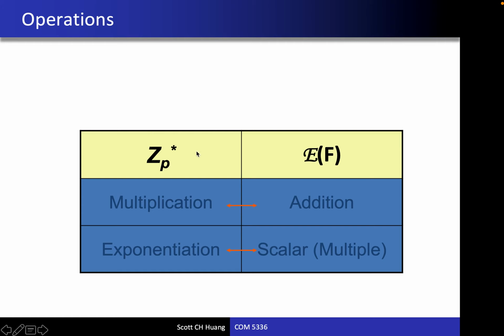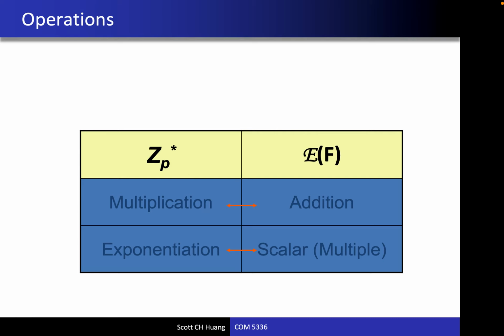Those algorithms we introduced earlier use Zp star, and now we're going to switch this Zp star to the elliptic curve group, and it's actually pretty easy.